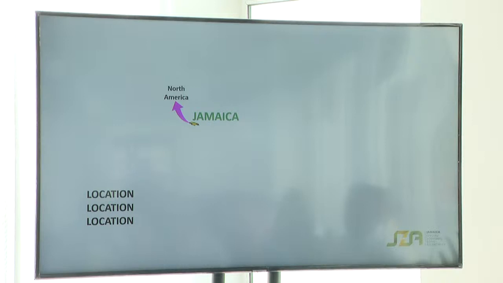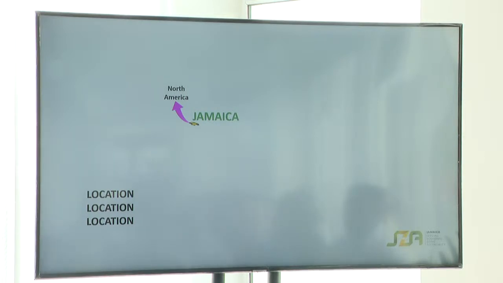So, we spoke about those earlier, but one other thing that we speak about is location. Now, Jamaica is the third largest English-speaking country in the Western Hemisphere. That's a massive advantage.